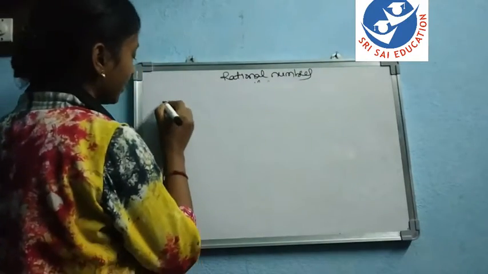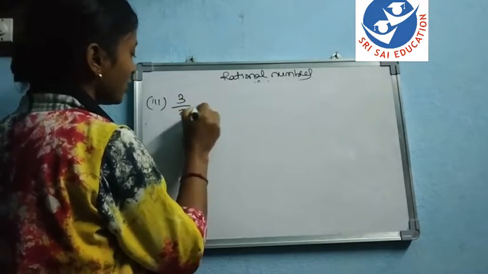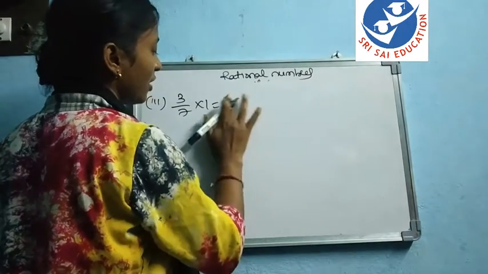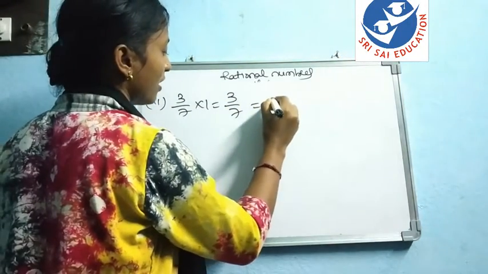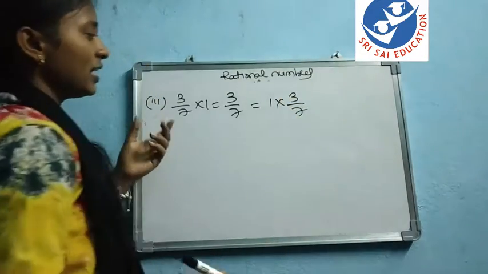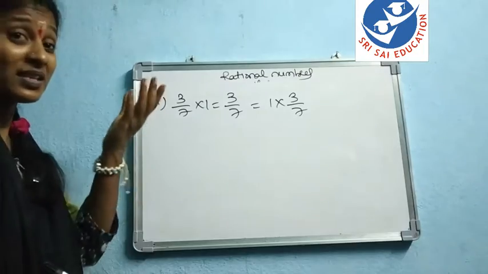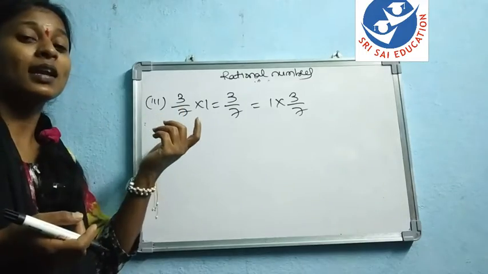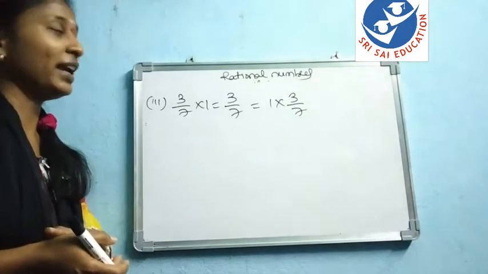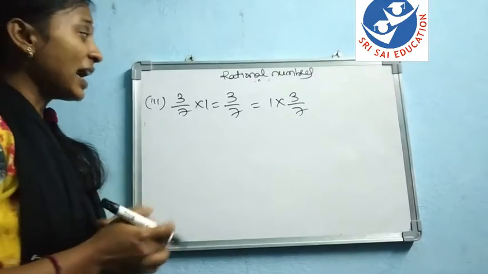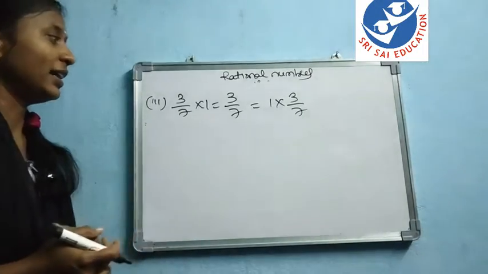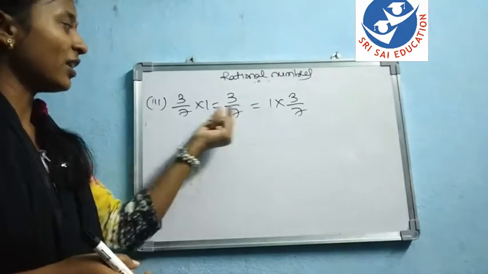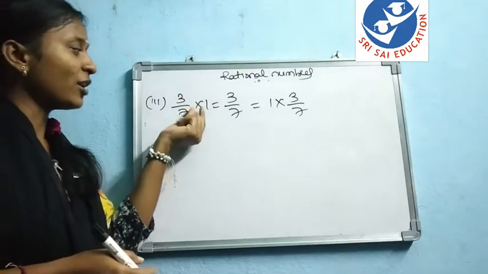Third problem. 3/7 into 1 equals 3/7 equals 1 into 3/7. In the first problem we observed 3/7 plus 0, where 0 is an additive identity. Here, 1 is there in the multiplication 3/7 into 1.